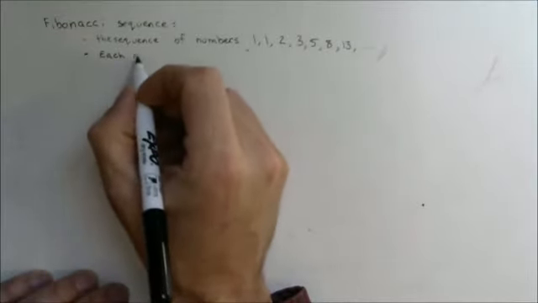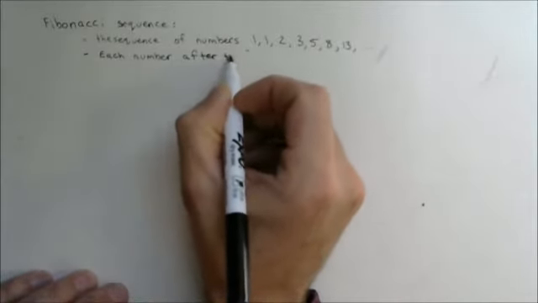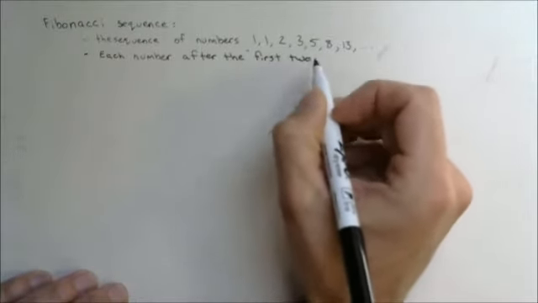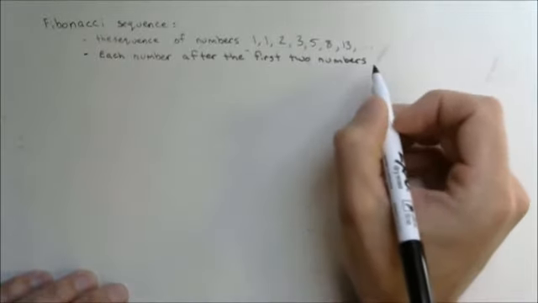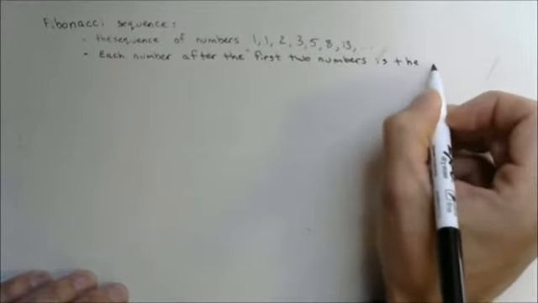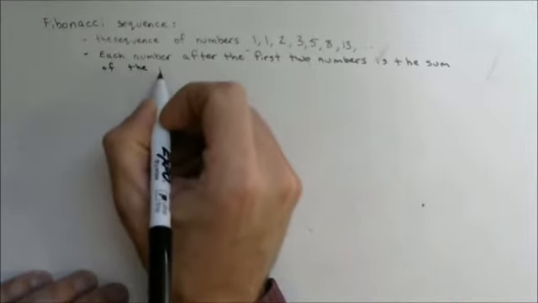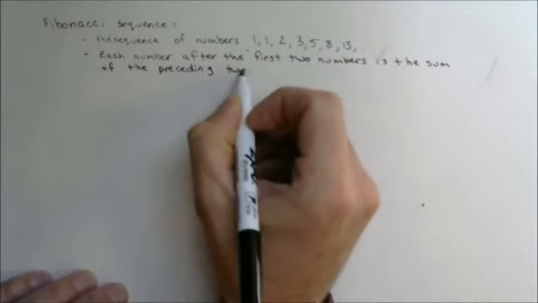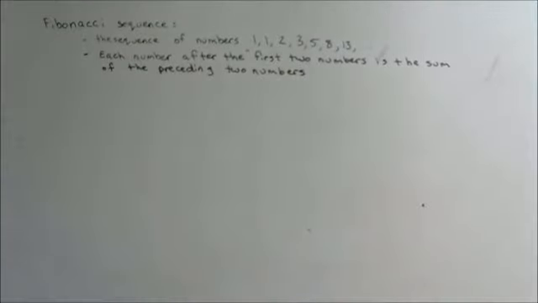Each number after the first 2 numbers is the sum of the preceding 2 numbers.